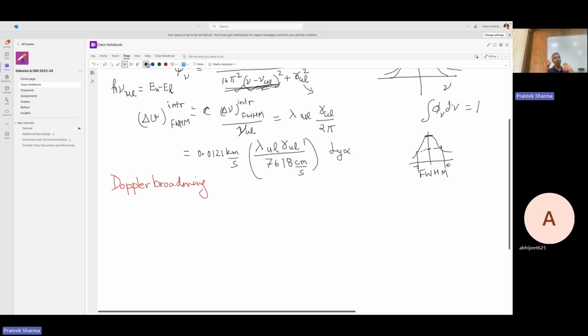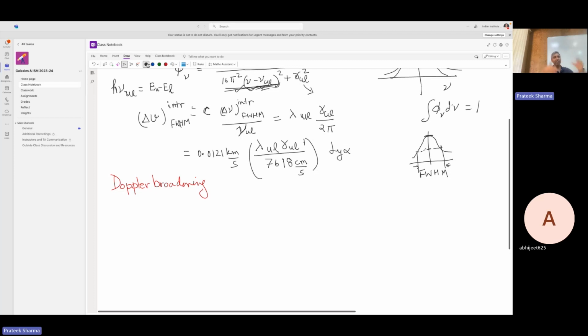If you have radiation and an atom is moving towards this radiation, say a hydrogen atom in the ground state, the Lyman alpha transition will happen not at nu naught but at a slightly lower frequency, because the effective frequency that this atom moving towards the light sees is a higher frequency. Okay, this is what happens.